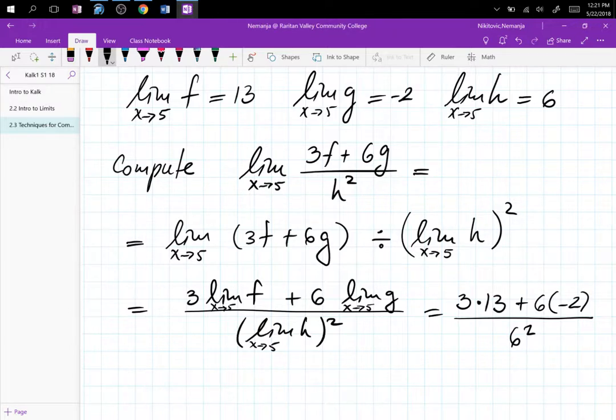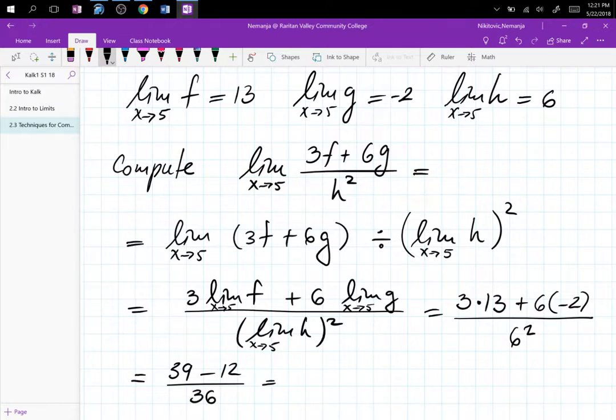So the limit of f as x goes to 5 is replaced by 13 because it was defined that way in the statement of the problem. The limit of g is defined as -2, so 6 times -2. And the limit of h is defined as 6, so 6 squared. Now you just need to compute this. 3 times 13 is 39, minus 12, divided by 36.